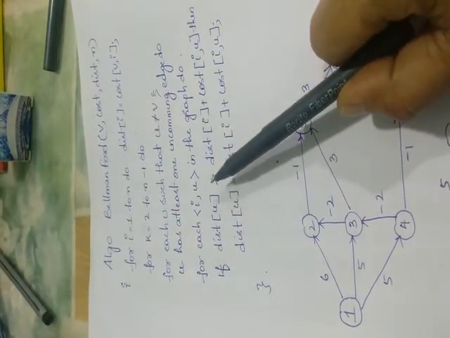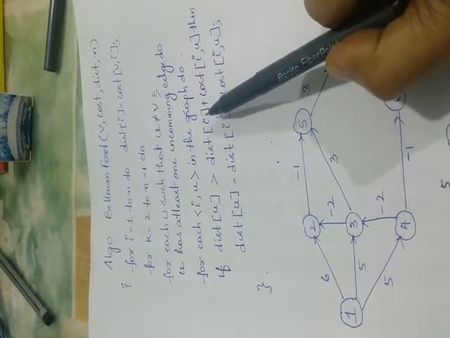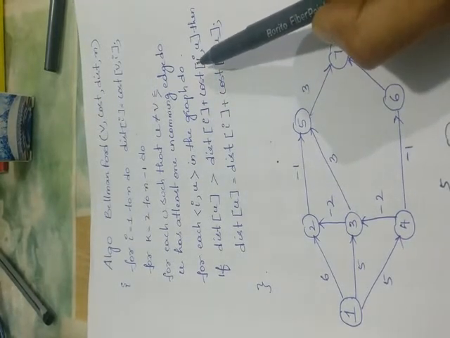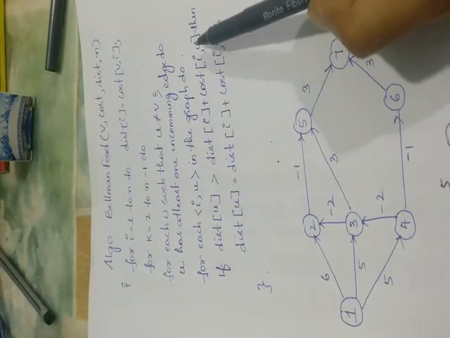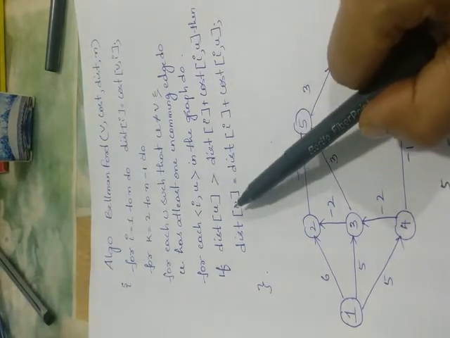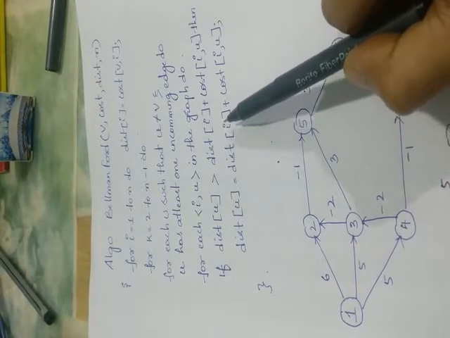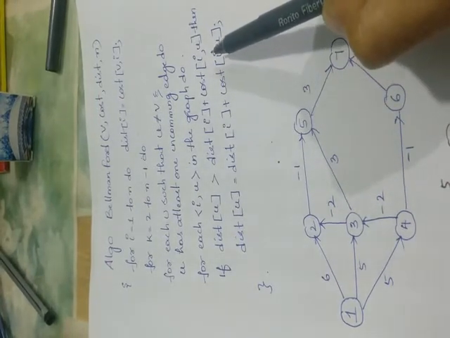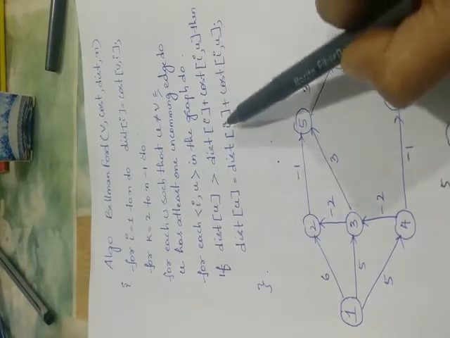If distance of u is greater than distance of that particular vertex plus cost of reaching that vertex, then I'll be updating the distance of u by the distance of that vertex plus cost of that particular edge between the two vertices.